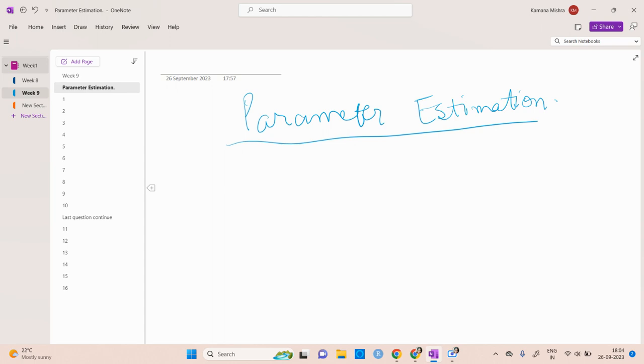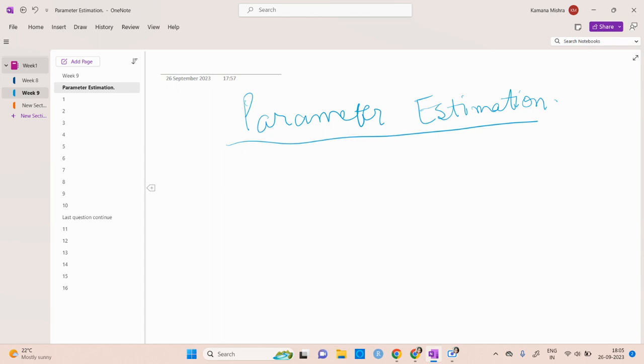That means the estimator needs to be consistent always. It should not happen that when we increase the number of samples, it changes. So these are basically called point estimators.